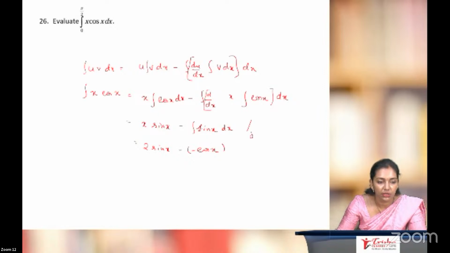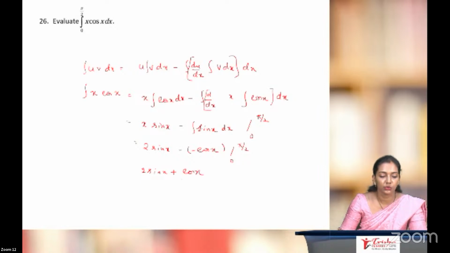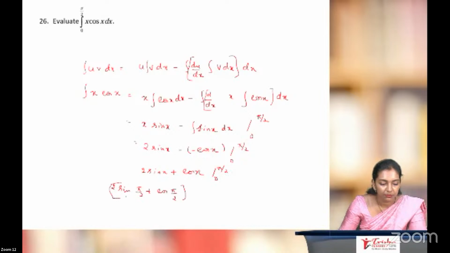So here we are with the limit 0 to pi by 2. So x sin x plus cos x, from 0 to pi by 2. Now you have to put the limit. So pi by 2 sin pi by 2 plus cos pi by 2, minus 0 sin 0 plus cos 0.